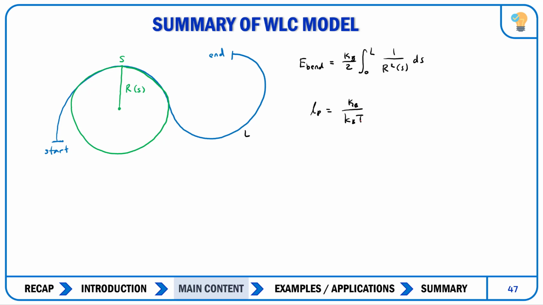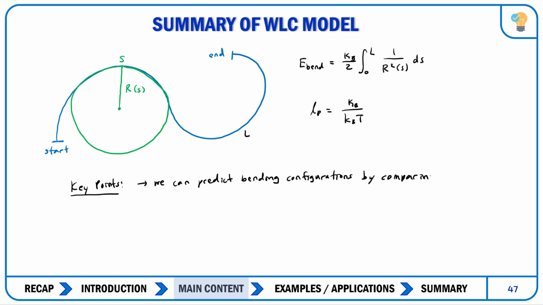So what are the things to know? Key points. We can predict bending configurations by comparing delta L to LP.